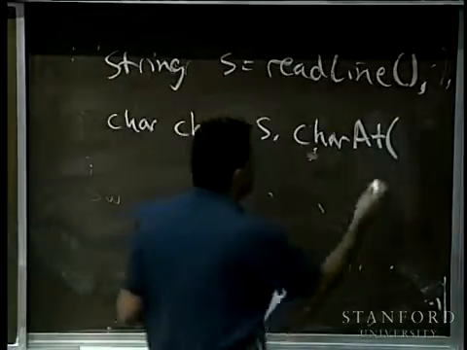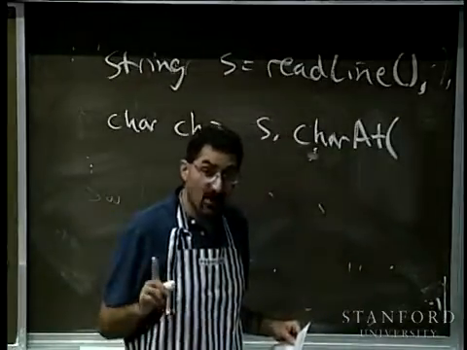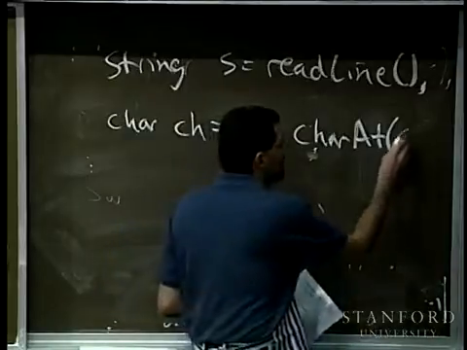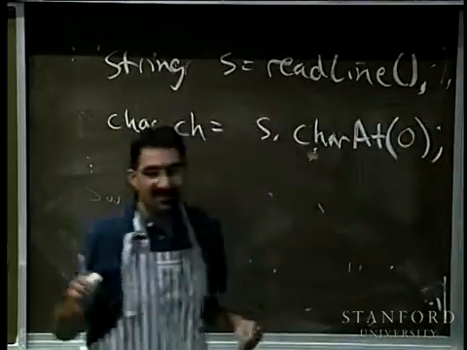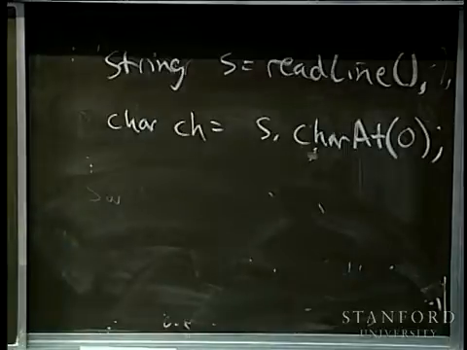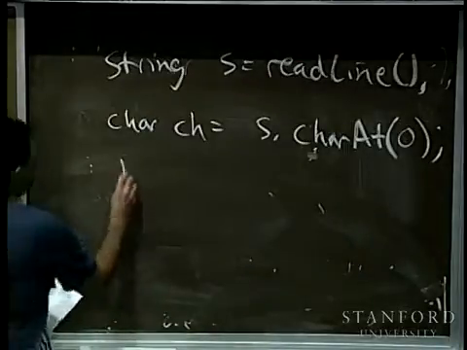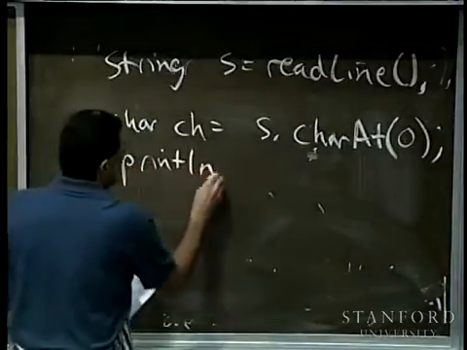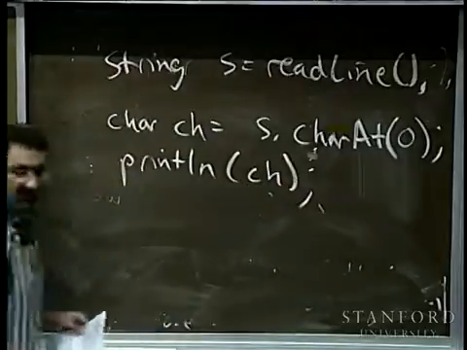As computer scientists, we always start counting from 0. So I can say charAt 0, and that's the very first character in the line that the user entered. I can do a println on that character directly, and it'll just write out that first character.